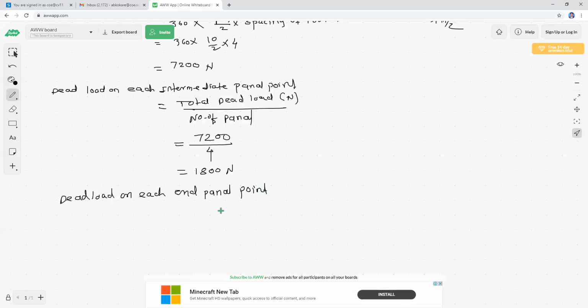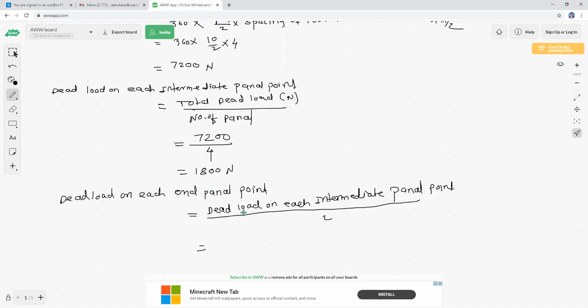Dead load on each end panel point is equal to dead load on each intermediate panel point divided by 2.